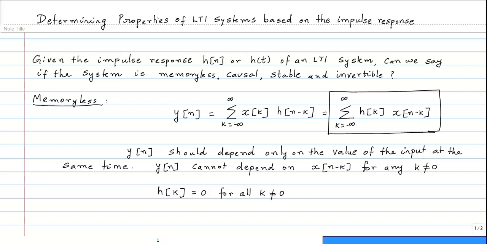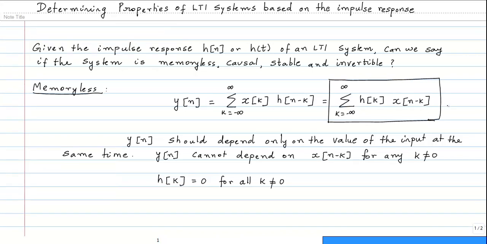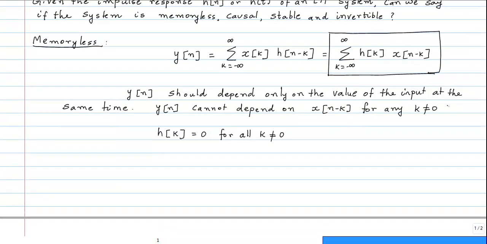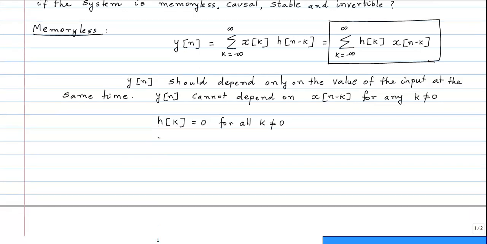Only in this case will this summation not contain terms of the form x of n minus k for non-zero values of k. That then tells us how we can determine if a linear time invariant system is memoryless by just observing the impulse response.